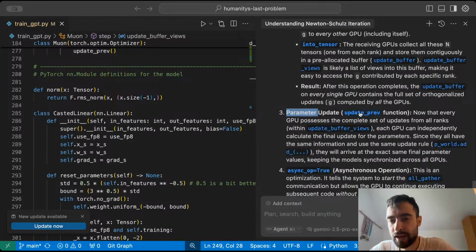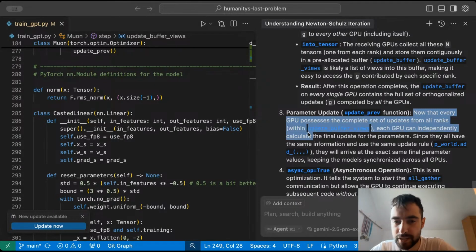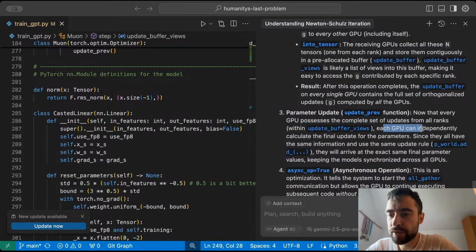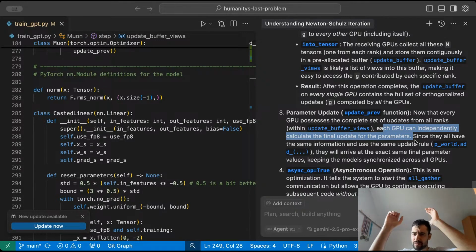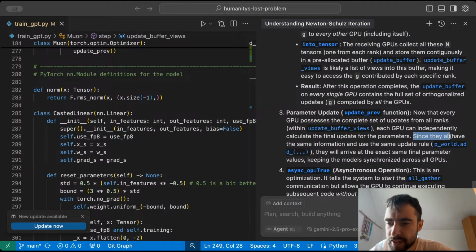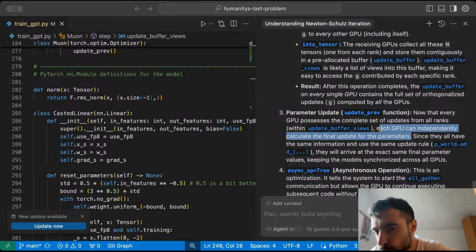Parameter update. Now that every GPU possesses the complete set of updates from all ranks within update buffer views, each GPU can independently calculate the final update for the parameters. Why does each GPU need to calculate it independently? Can't one GPU calculate it and then send it to every other GPU?